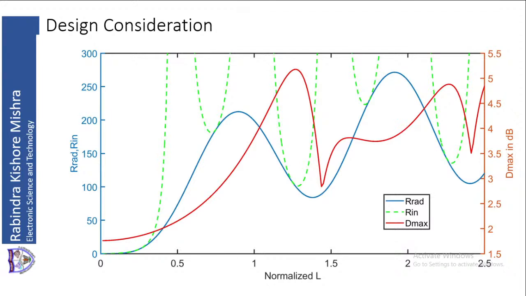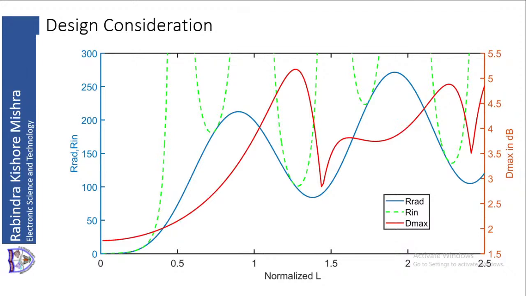For length of the antenna equal to lambda, we have seen that at the center the current is 0, so that should be at 1. Current is 0 means impedance is infinity. So the input impedance is infinity.